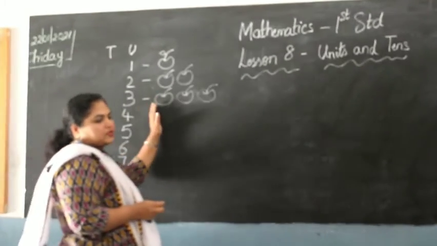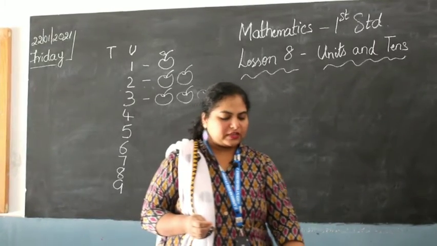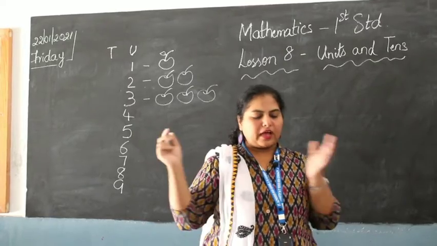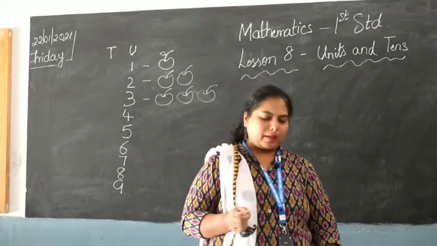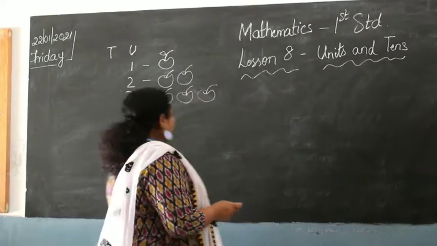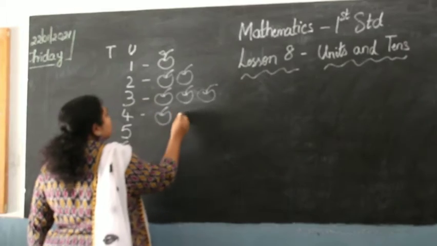So you're like, it's 3 apples. So 3 units of apples. Now that's what they've given here in the first page. So every time you count 1 object, it is 1 unit. So if you have 9 apples, it is 9 units of apples. Okay. So let's write for 4 apples, it's 4 units of apples.